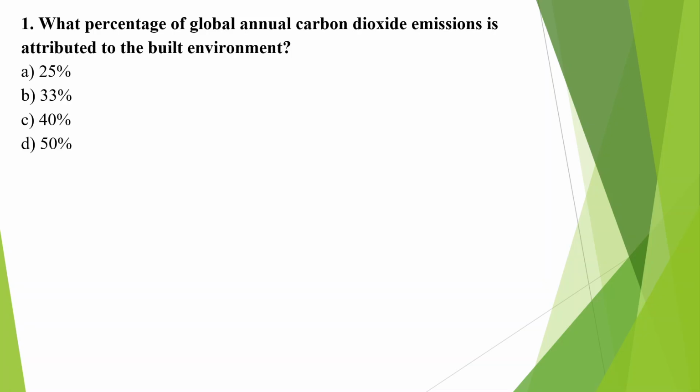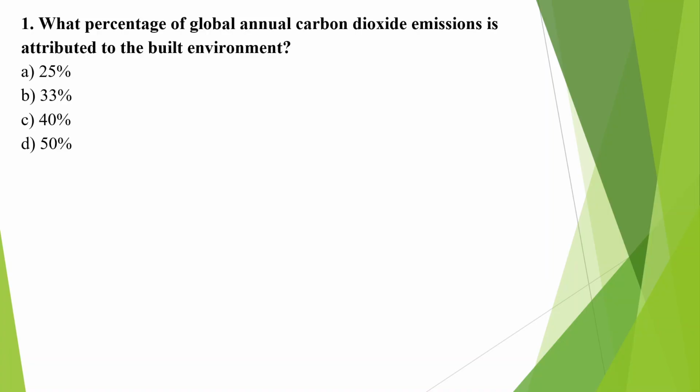This is based on the last lecture of week 2, and when we look at the third slide, in the third slide itself, ma'am has explained with the help of two pie charts what percentage of annual carbon dioxide emission is attributed to the built environment.